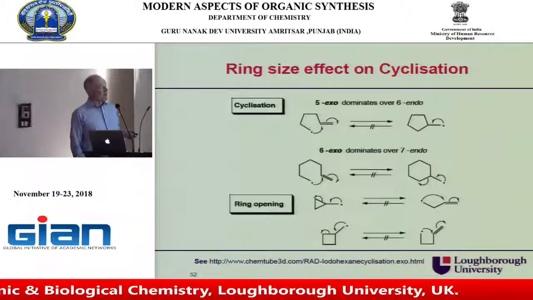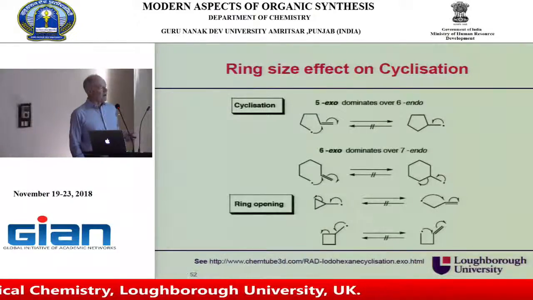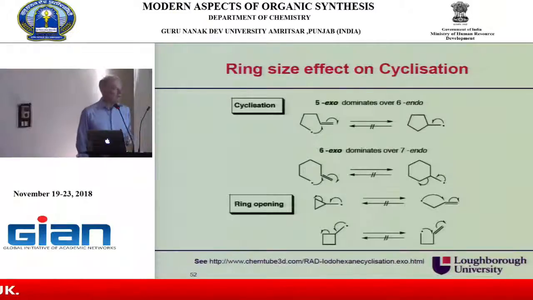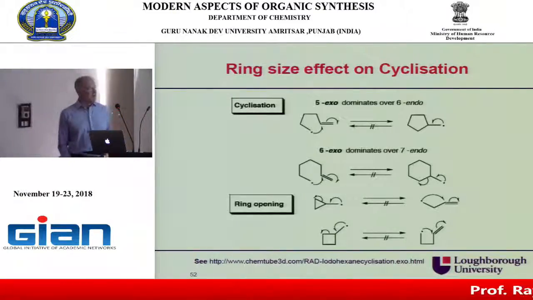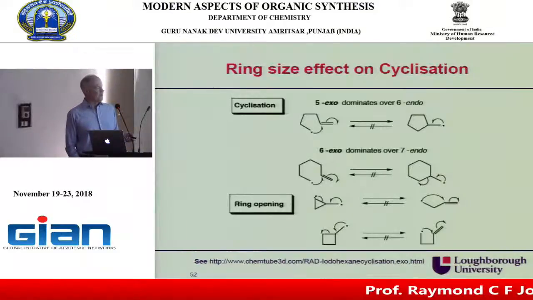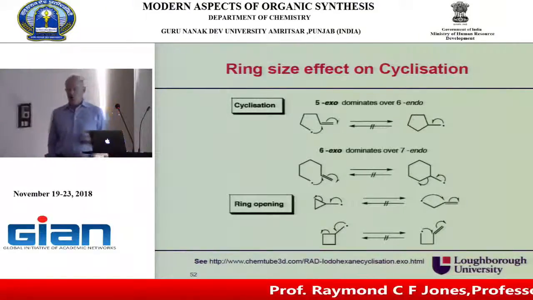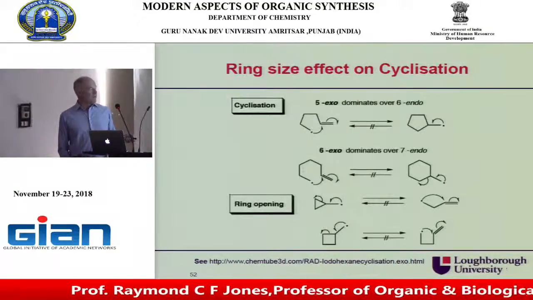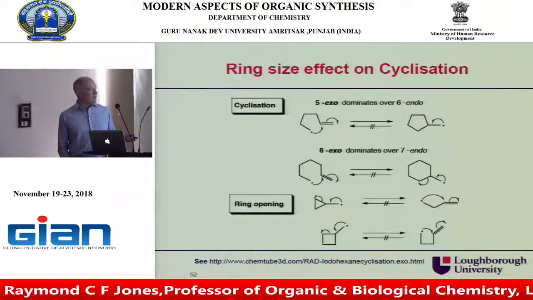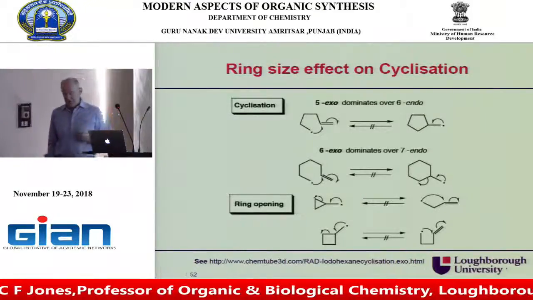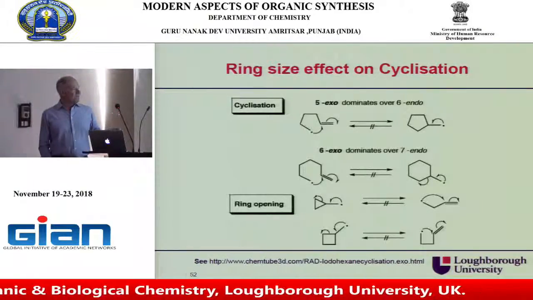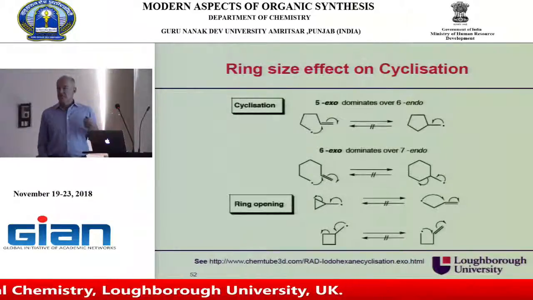Where the thermodynamic preference wins is when you have smaller ring sizes. If you go down to 3 or 4 membered rings, this time the ring opening is the predominant process, and in fact radicals at this kind of position are used as what's called a radical clock. If you want to check something's a radical mechanism, you build this kind of cyclopropane unit into your molecule such that if you form this kind of radical, it will come open, and then you'll see products from that.